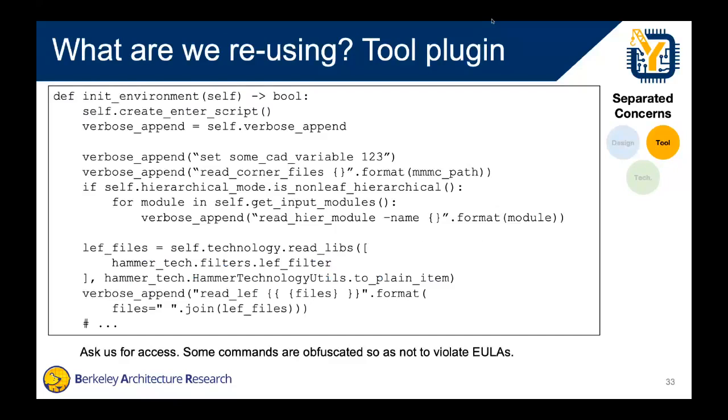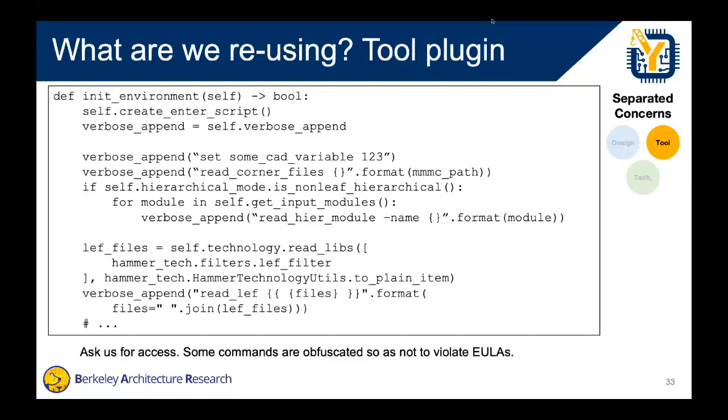Here's some more of the stuff we're using. This is an example of what a tool plugin might look like. How do you initialize the environment for some tool? You're going to set a bunch of variables based on the design you have: is it hierarchical or not, what kind of libraries do I have.